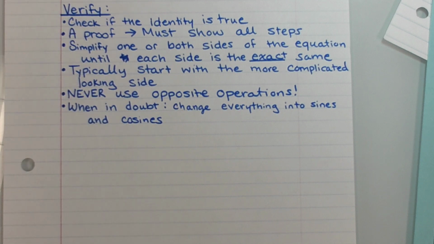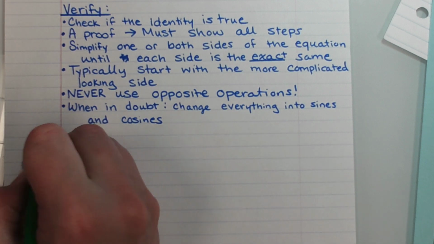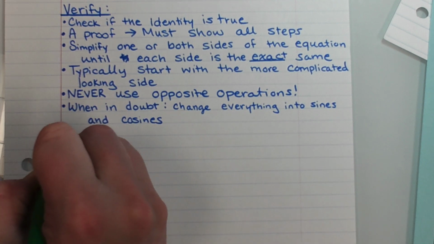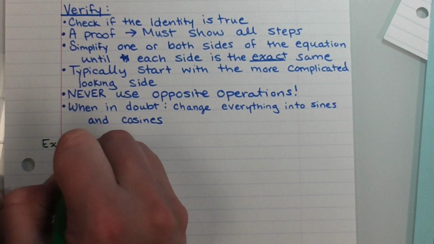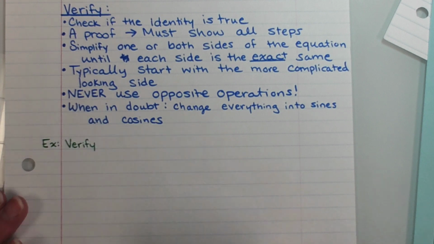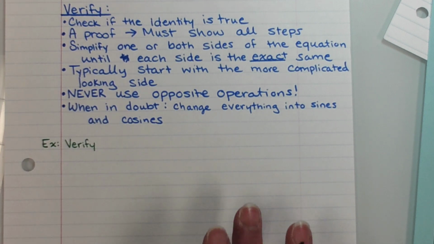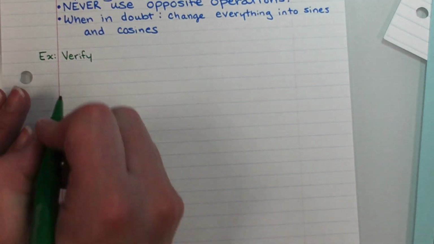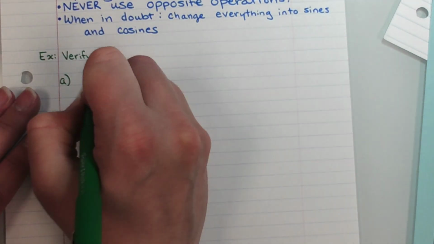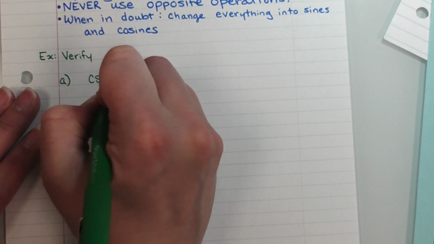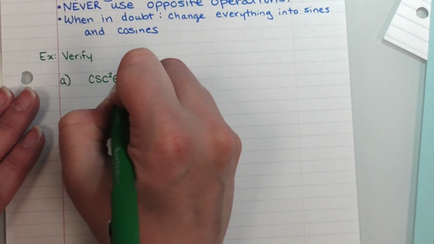So, the process that you follow on this stuff, for the most part, is very much the same as what we'd already been doing. The instructions will say verify instead of simplify. The problems themselves will not just have a single trig expression.